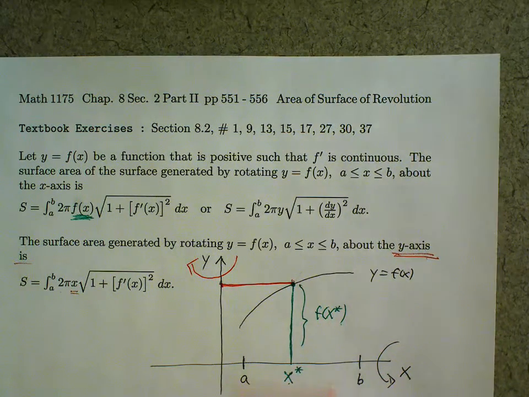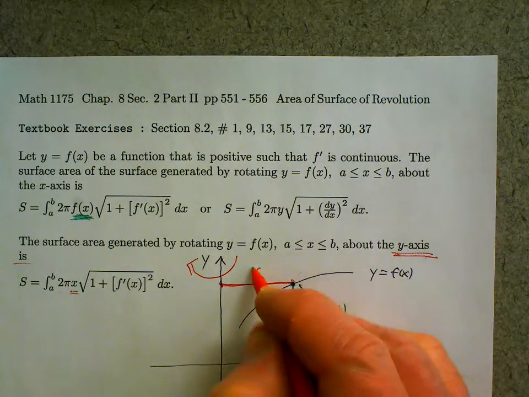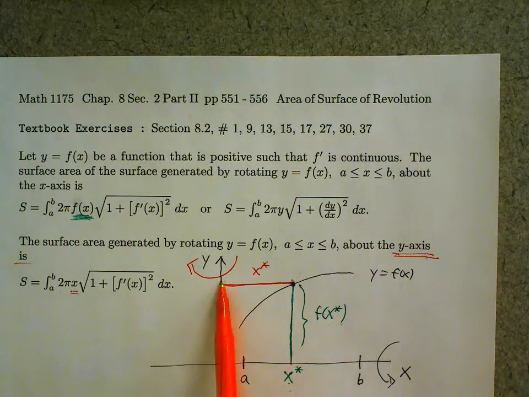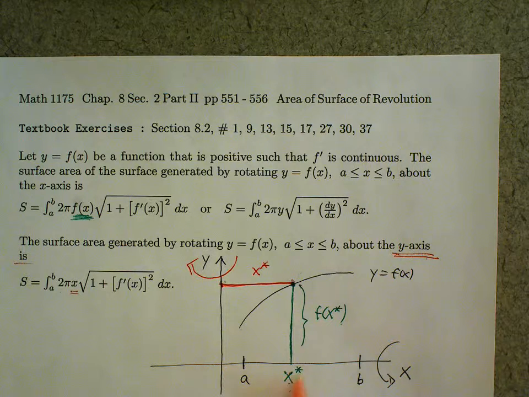And how long is it? X star is how long it is from the y-axis to that point. That's like from 0 to x star. So when we're rotating about the y-axis, the x value is the radius.